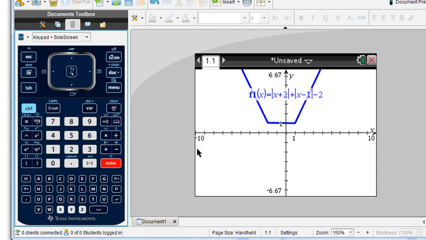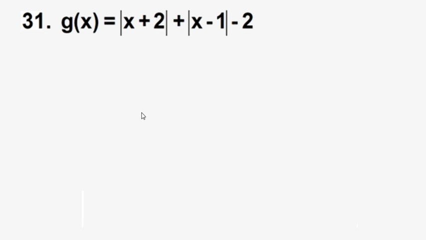So we go back here and we'll say decreasing on. You say on, that implies on the interval of greater than negative infinity to negative 2.